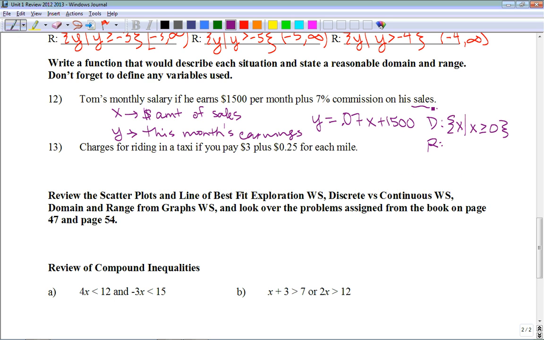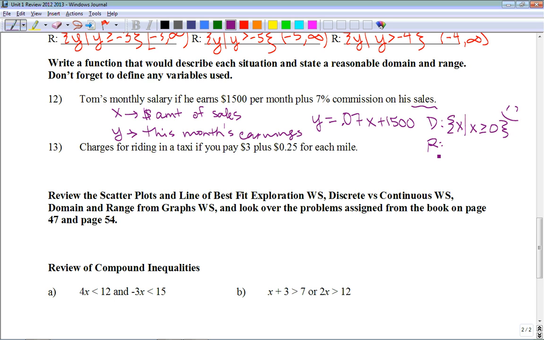Now I understand that you may think, okay, sales dollars only go out 2 decimal places. And that's true, but because between 0 and $1 we have 1 cent, 2 cent, 3 cent, and so on, we'll just say that that's close enough to being all real numbers for simplicity's sake at this point. Now if you wanted to say x is greater than or equal to 0, but x can only go out 2 decimal places, that's fine too, but this is fine as well.